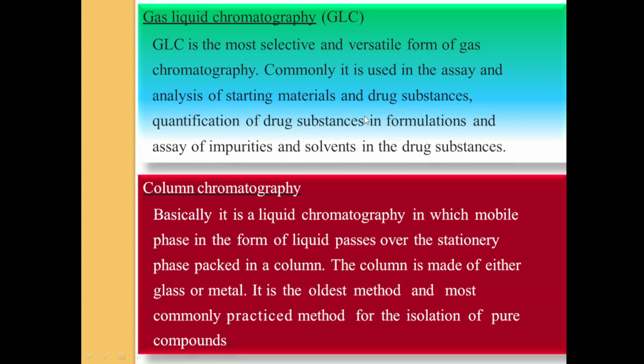In this way the different constituents will get separated, and pure compounds can be isolated by using column chromatography. So these are the various techniques used for separation, identification and quantification of different active constituents present in the extract. Thank you.